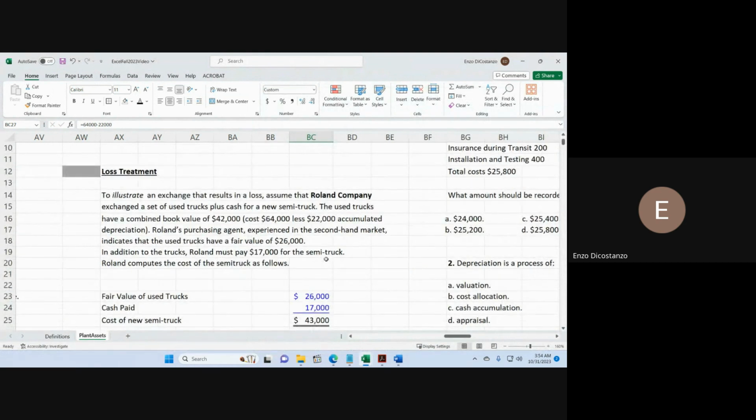Roland Company exchanged a set of used truck parts and cash, have a combined book of 42, and a fair value of 26.